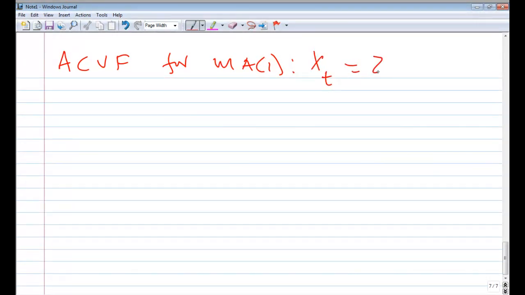Xt equal to Zt plus theta 1 Zt minus 1. ACVF stands for autocovariance function. For MA(1), a moving average of order 1, which is defined by that process, Xt equal to Zt plus theta 1 Zt minus 1.